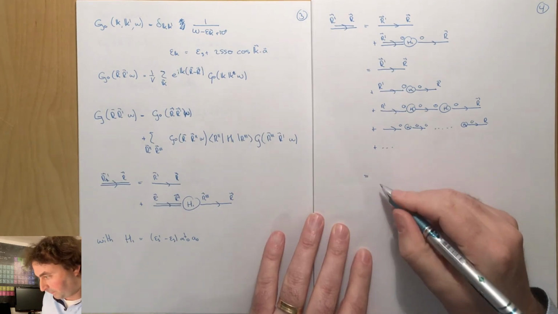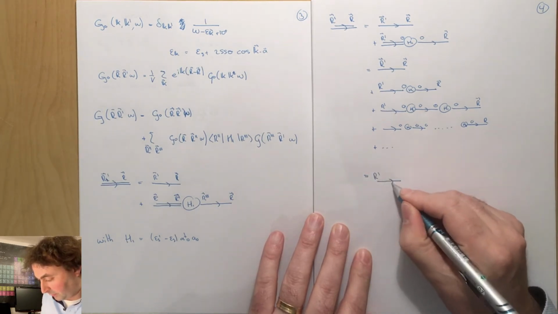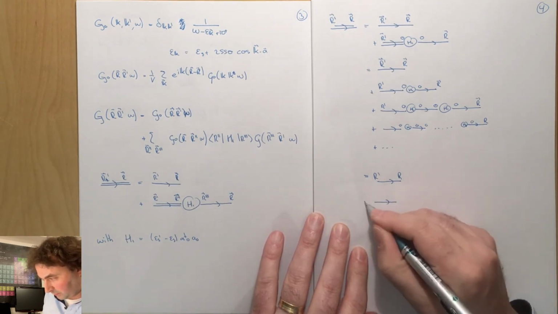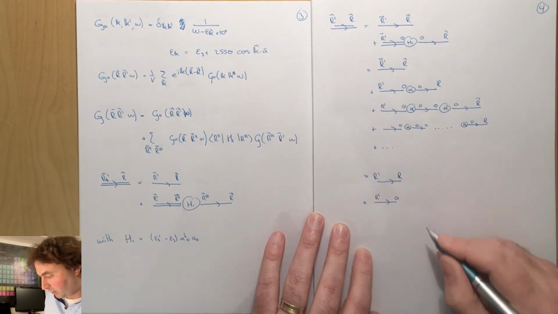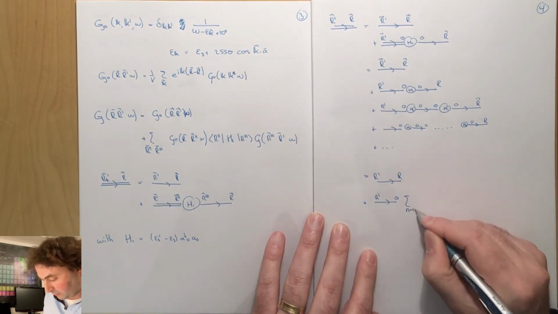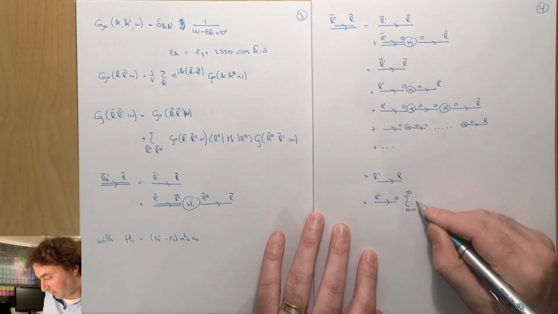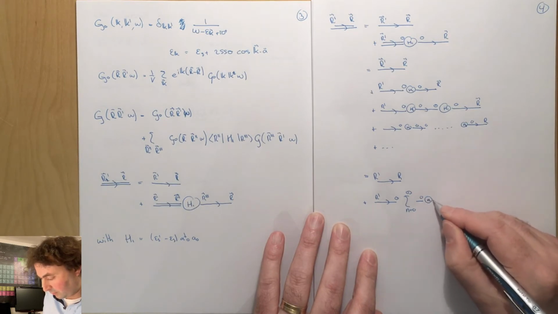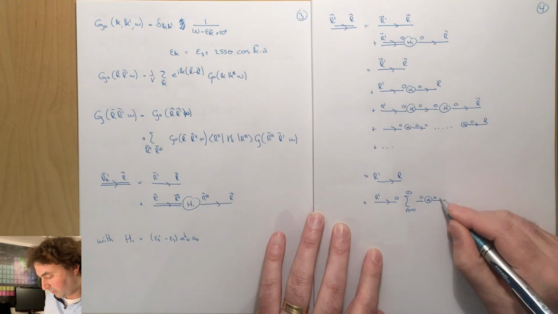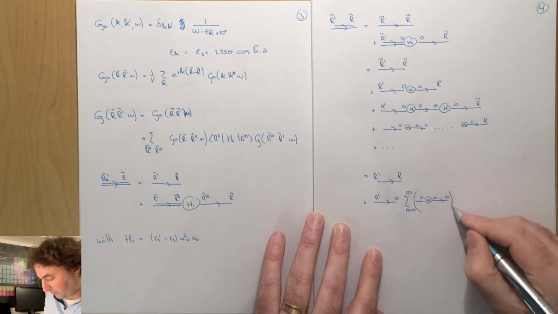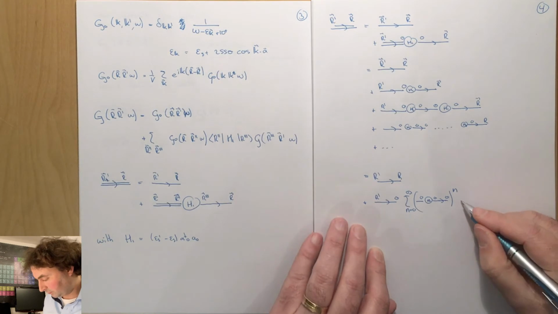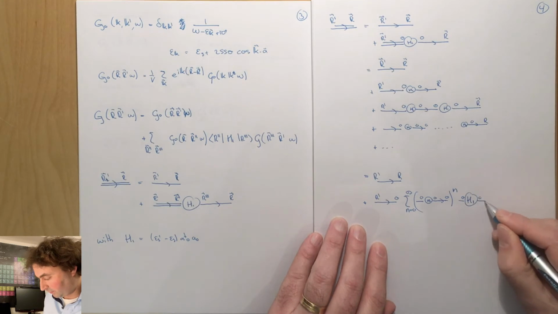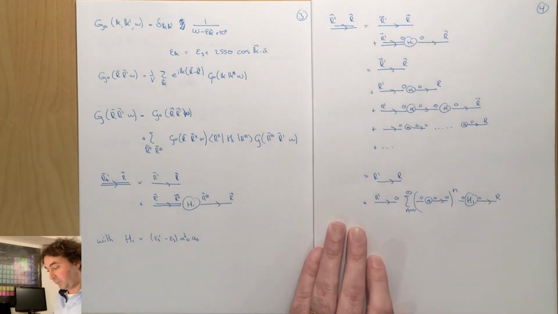Well, what we have here is going from r prime to r without an interaction, and then going from r prime to 0, and then we have a sum from n is 0 to infinity, scattering from 0 to 0, and propagating to 0 to the power n, having a scattering and propagating to r.